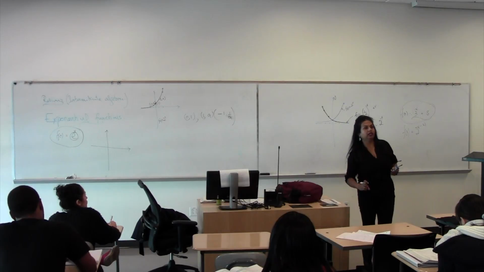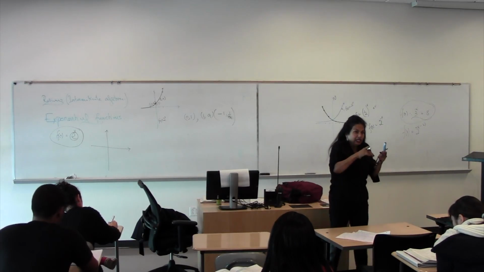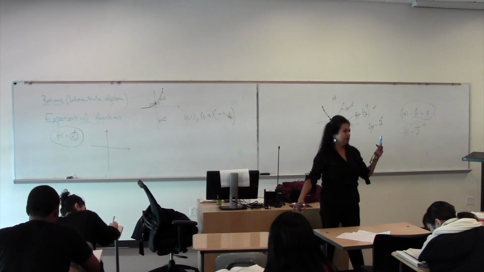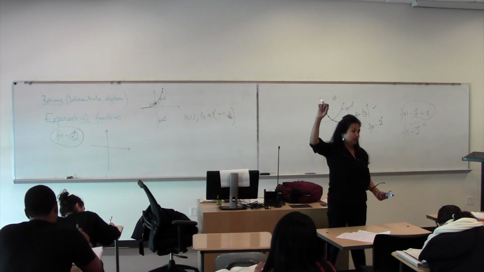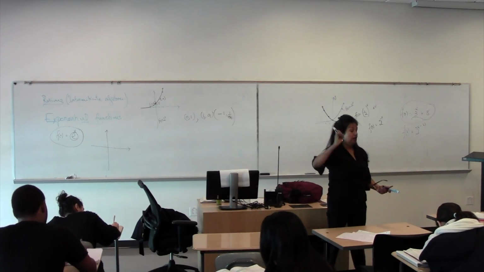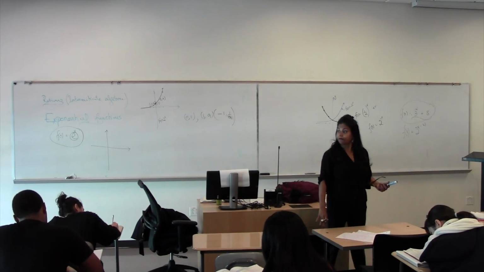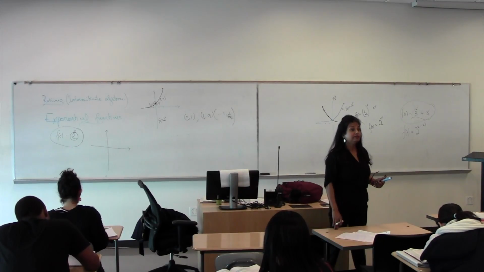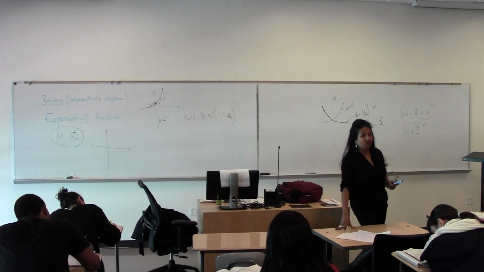It's like when you have a bacterial infection and you take antibiotics, the antibiotic is killing bacteria exponentially. Bacteria also can grow exponentially. Population grows exponentially. And what else can grow exponentially? Anything that you guys are familiar with? Taxes, interest rates. Interest rate, very good.